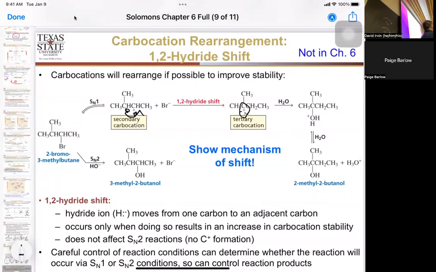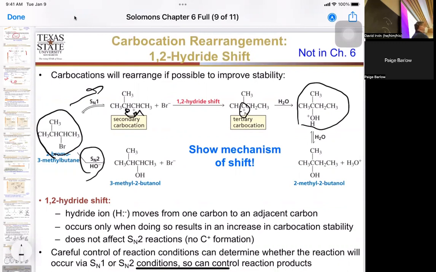So that means if this secondary substrate is undergoing an SN1 reaction, we're going to get a product with the nucleophile attacking the tertiary carbon. But in the case of SN2, we don't form the carbocation, and therefore we can only substitute on the carbon where the leaving group is, meaning we end up with a secondary right here.